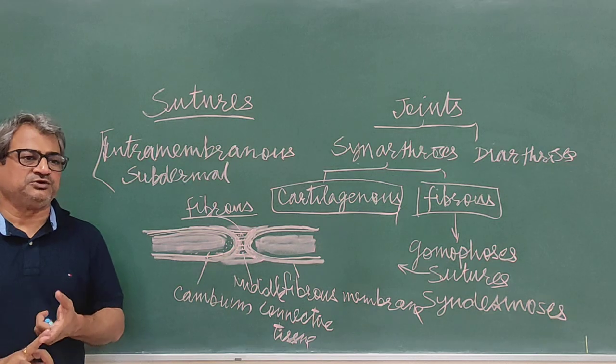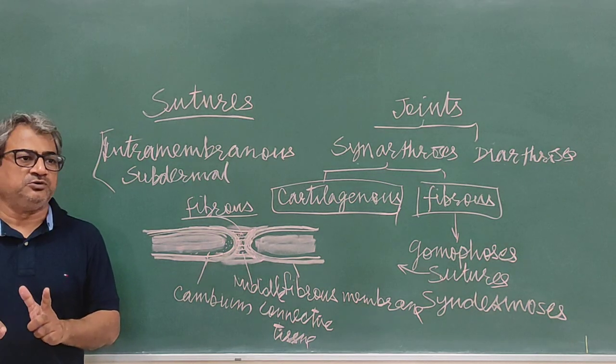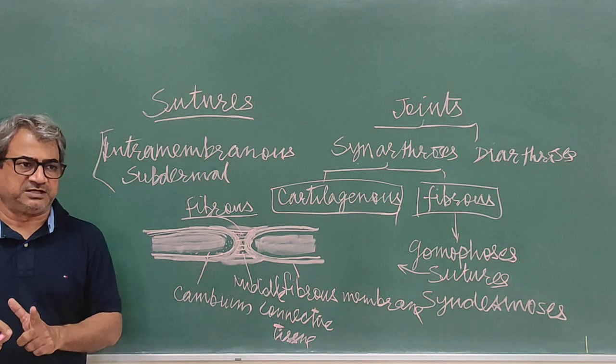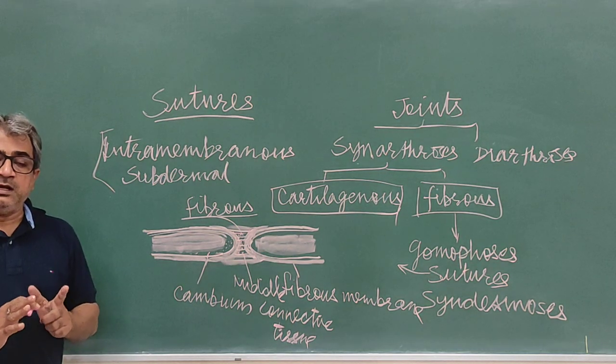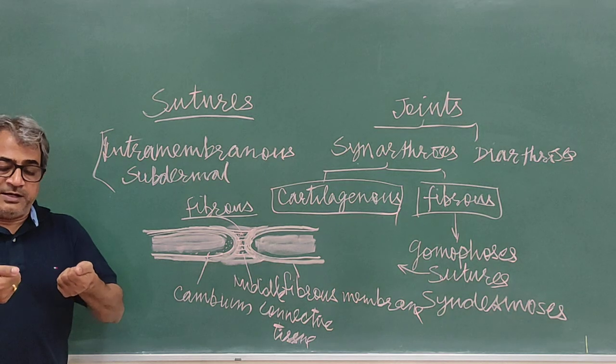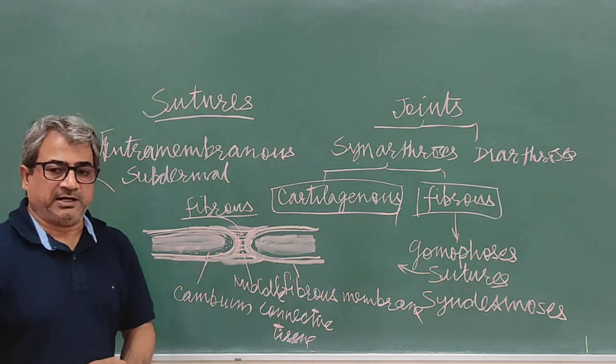Mind you, the basic tissue is fibrous tissue, collagenous tissue. Type 1, type 2 collagens are present, which are rich here. But on the basis of the nature of the opposing surfaces, the sutures are divided.